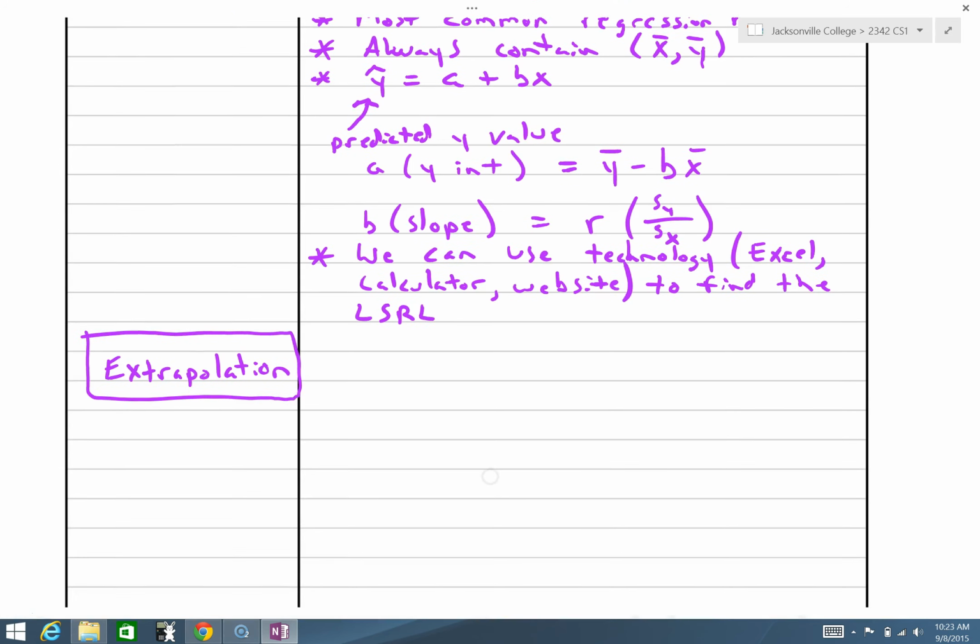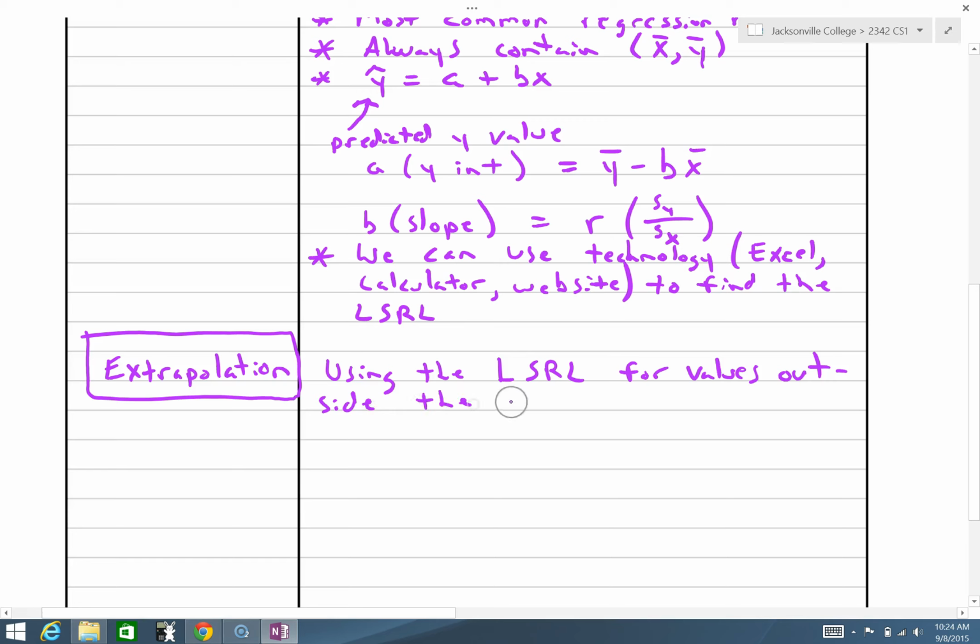Extrapolation is using the least squared regression line for values outside the domain.